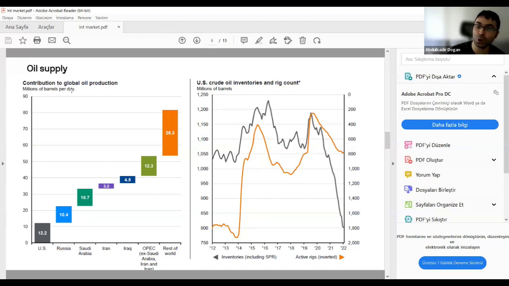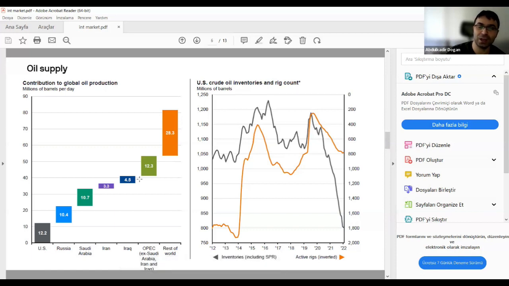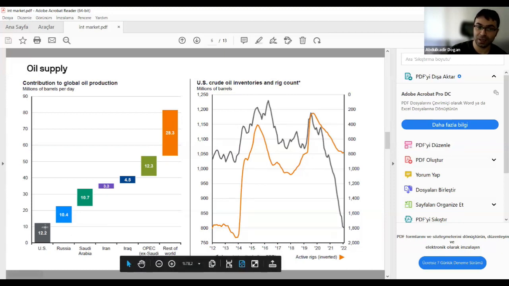Who is producing oil in the market? The United States, Russia, Saudi Arabia, Iran, Iraq, and OPEC. By the way, we couldn't see Venezuela and those types of regions because of the sanctions, they are not sharing all of their production. But as you see, the rest of the world is around 30%, OPEC around 12%, Russia around 10%, and United States around 12%.